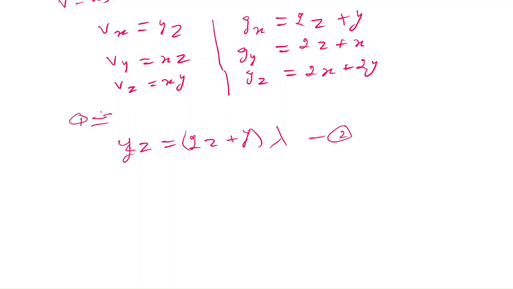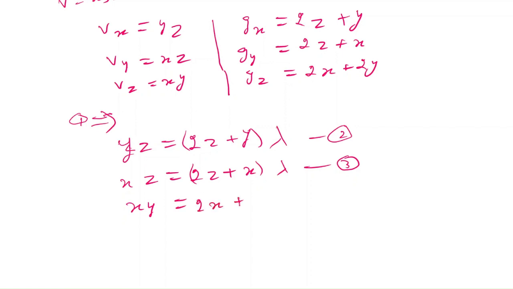Similarly, from the second one, xz is equal to 2z plus x into lambda. Let it be number 3. And from the third, xy is equal to 2x plus 2y into lambda.